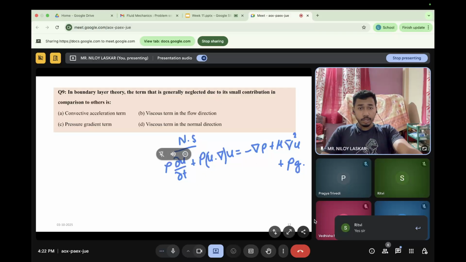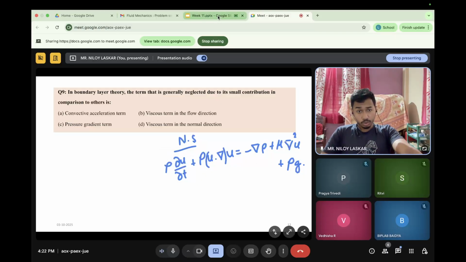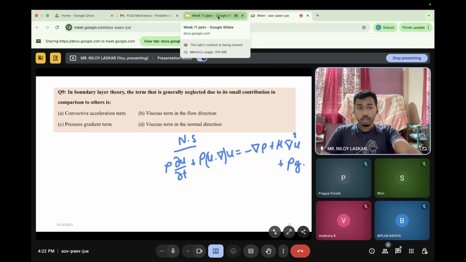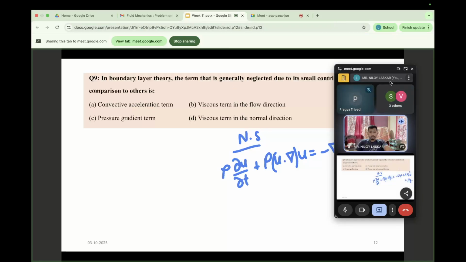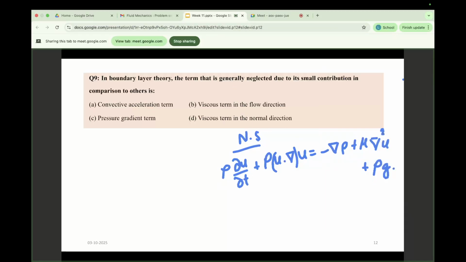Okay, so as you have gone through this Navier-Stokes equation, I hope that now you will be able to answer this. So this term is the convective term, this is the pressure gradient term, this is the viscous term, right? So from the assumptions of this Navier-Stokes equation for the boundary layer approximation, you can easily write this.